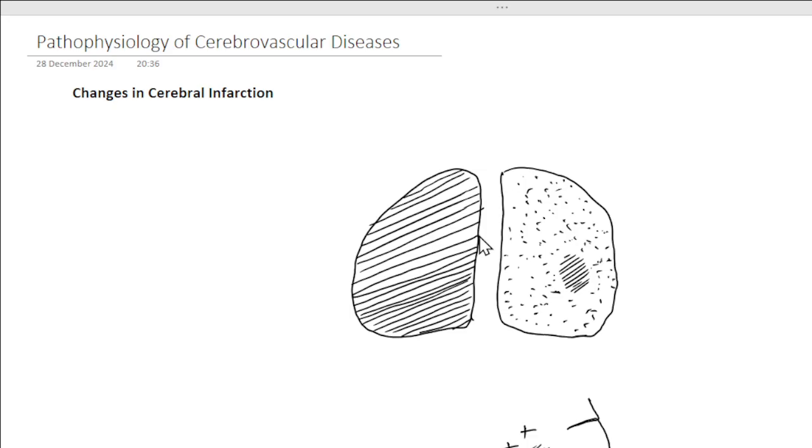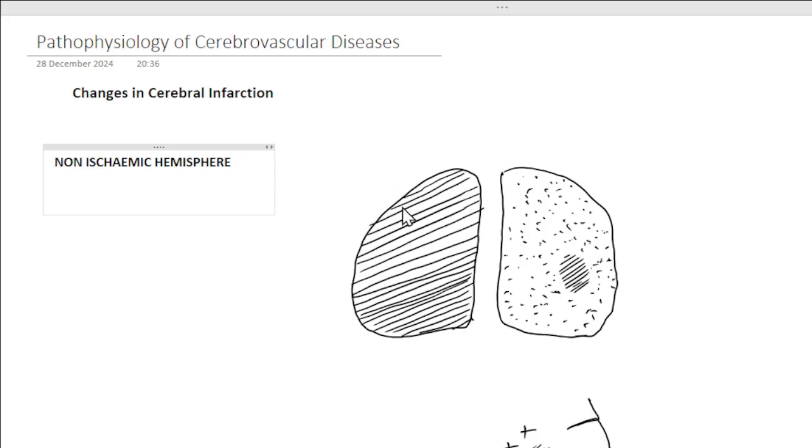See here, this is the non-ischemic hemisphere. That means it's normal. We are going to see the changes in that. So what is happening in this non-ischemic hemisphere?